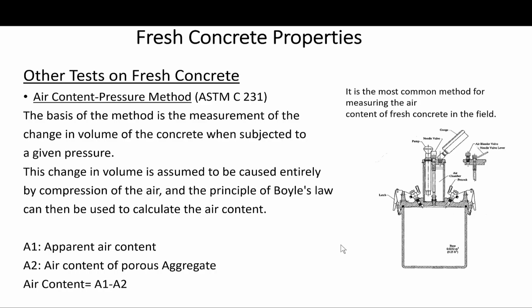It's a simple test, though. Typically an apparatus similar to the one shown here in the figure is used. The concrete is consolidated into the measuring bowl and struck off level to the rim.